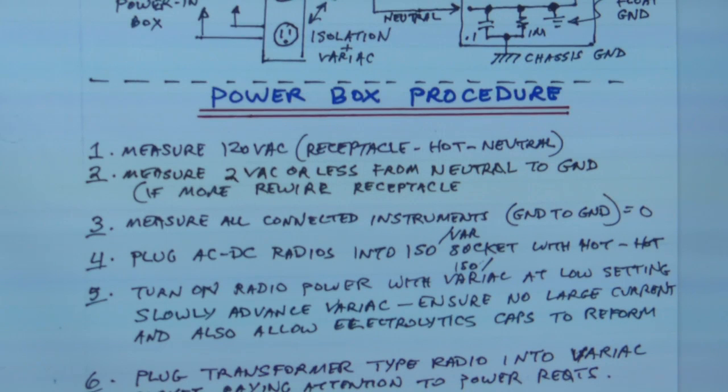So number one, when you go to use this, measure 120 volts AC from the receptacle, the hot to the neutral. Why? Because sometimes the receptacle is wired backwards. Especially in older homes, but it could be also in newer ones where electrical contractors come in, they're in a rush, have to finish the job as quickly as possible, make their money and go.